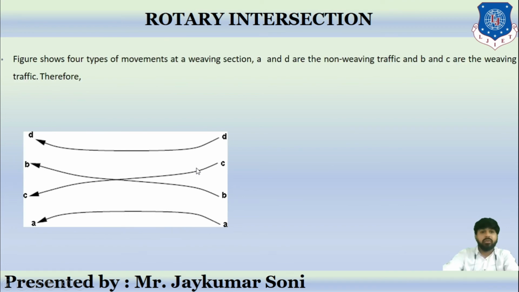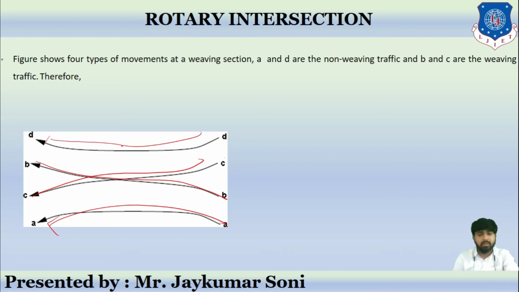The figure shows four types of movement at the weaving section. The vehicles can go from this to this direction, or this to this direction, like this. They can go like this or go like this. Or they can go like this also in this direction. So 1, 2, 3 and 4.